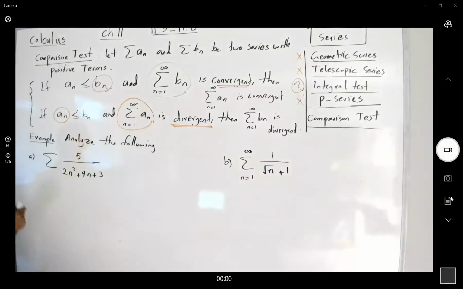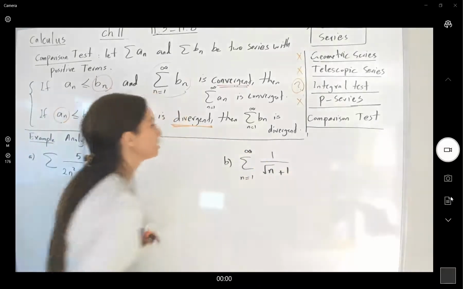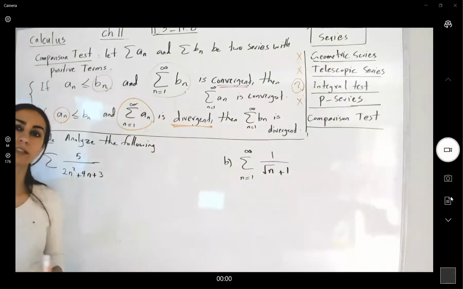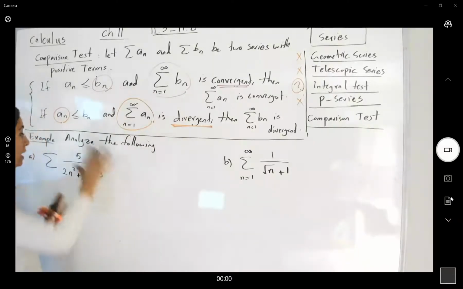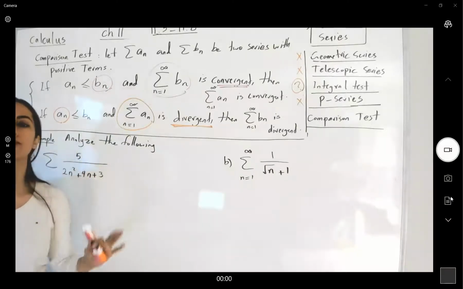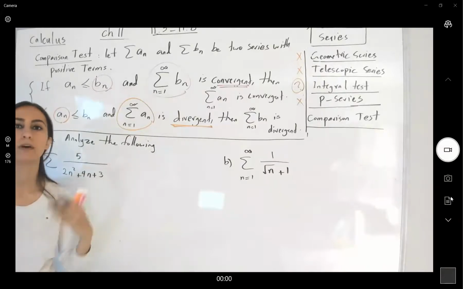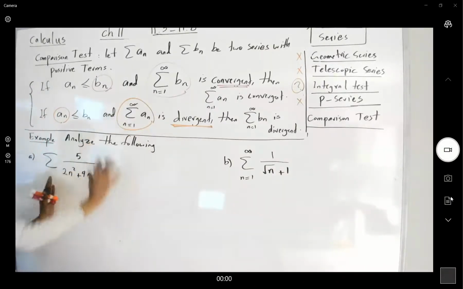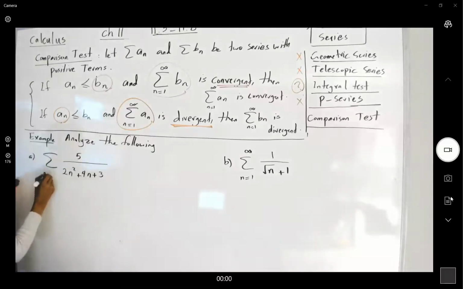Okay, how can I apply that here? Do I know any known series that I can use? There are tons of different series that we can use. Based on the given series, you can try to find that known series. So I'm looking at this series. This starts from 1 to infinity.